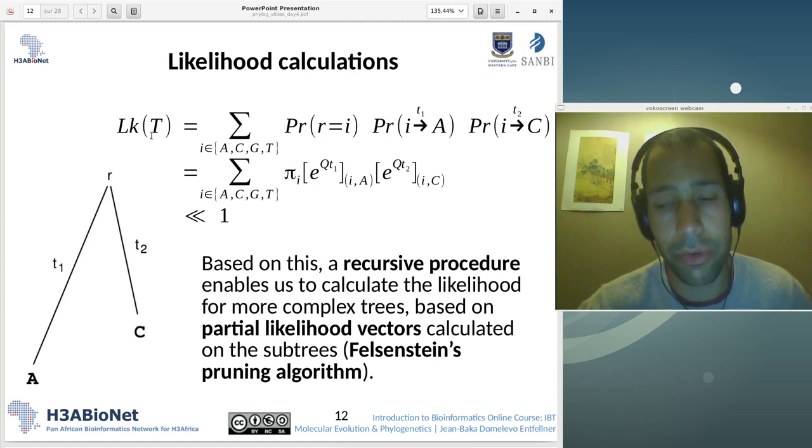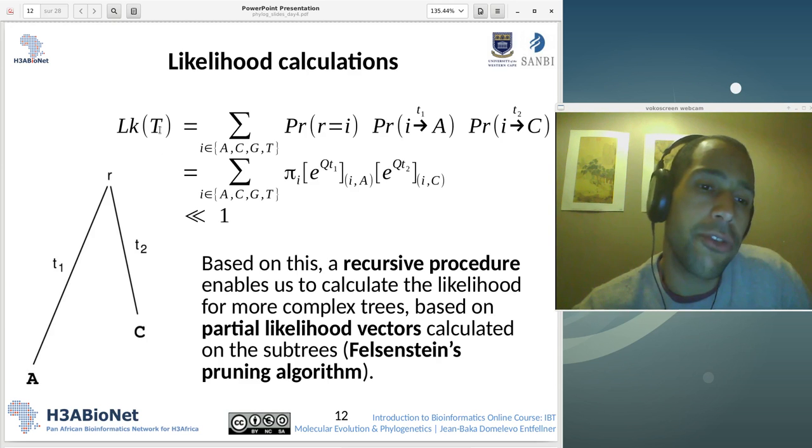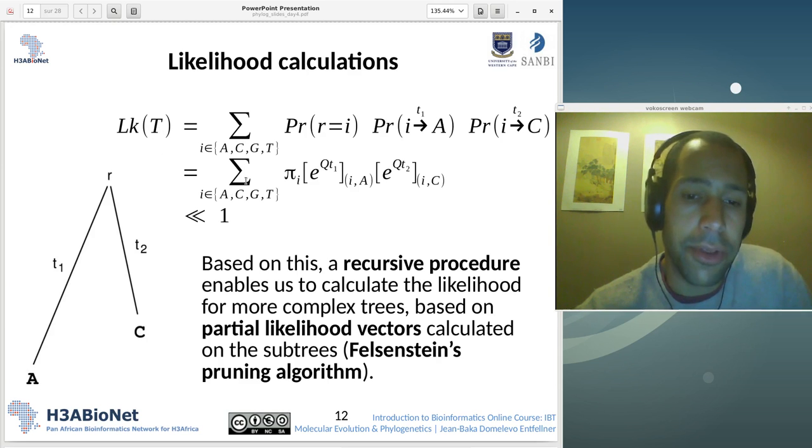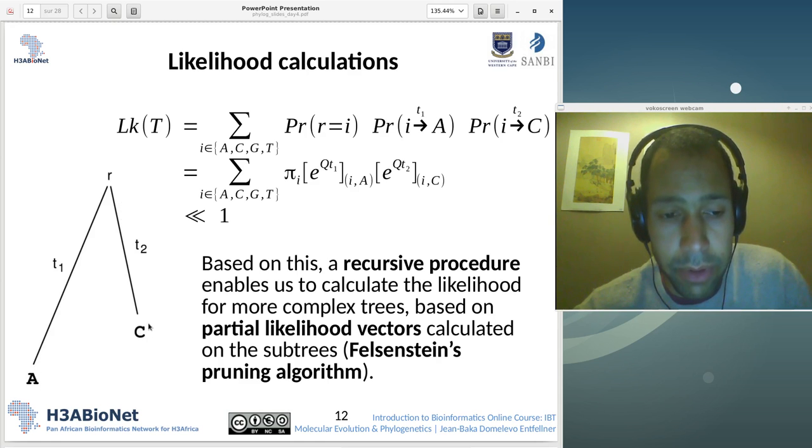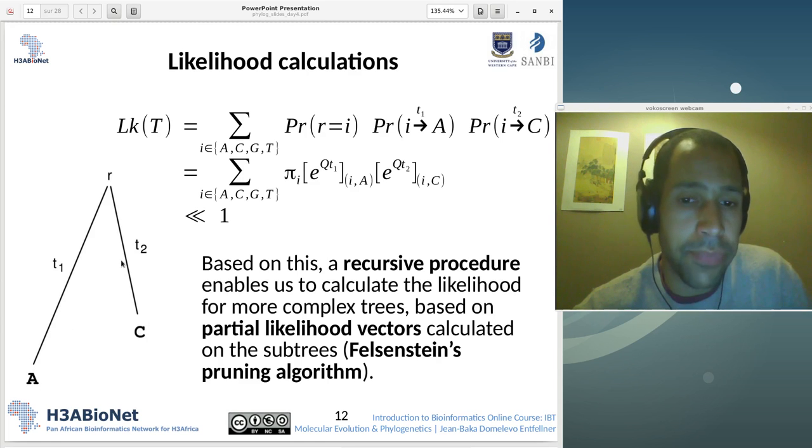This is the likelihood of the model. Here the model is a tree. So we know how to calculate the likelihood in this case of a very simple topology linking 2 leaves.